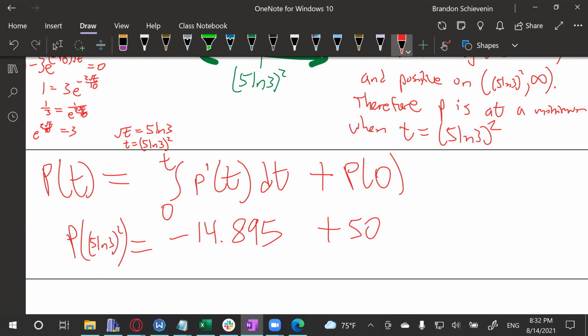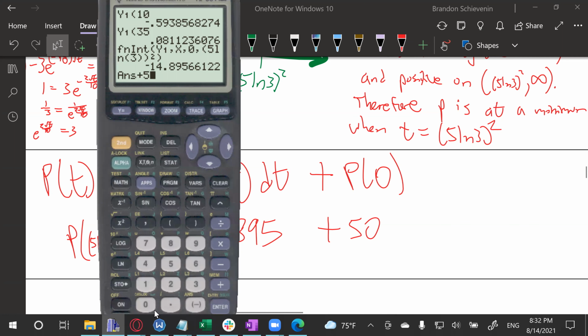Okay, so if I add that to our 50, we get the total amount of pollutants in the lake of 35.1-ish gallons.